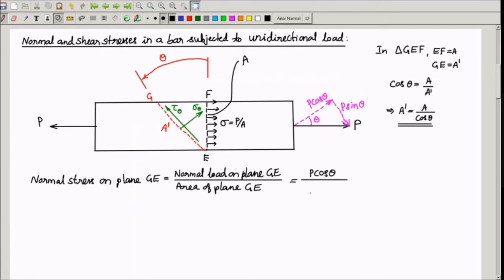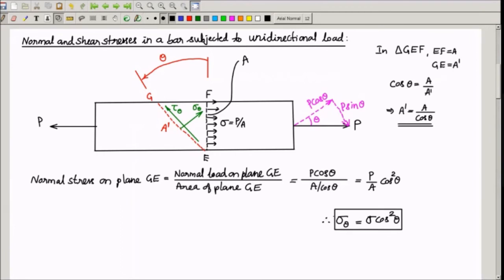And A dash we obtained as A divided by cos theta. If you simplify this, it becomes P by A cos square theta. But P by A is what? It is normal stress sigma. So this is equal to sigma cos square theta. This is called sigma theta. It is the normal stress on a plane which is inclined at theta degrees to the vertical.